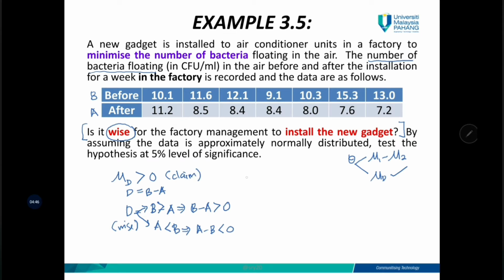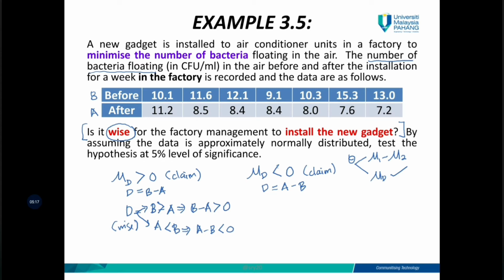The second version is mu d less than 0, where d equals A minus B, which is also the claim that it is wise to install the gadget. The claim is the same in both.